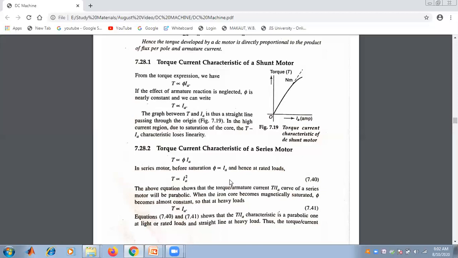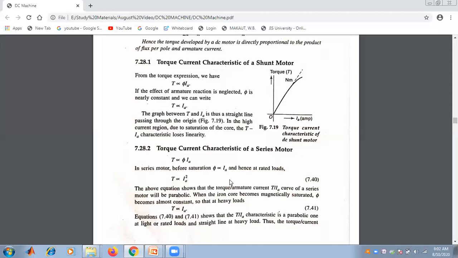If we neglect armature reaction, torque is proportional to Ia if phi is constant.